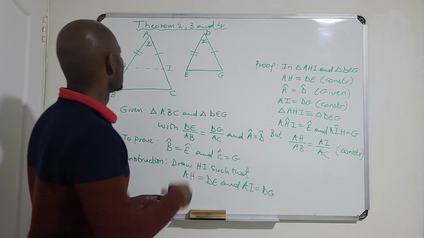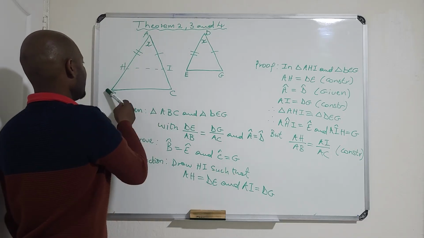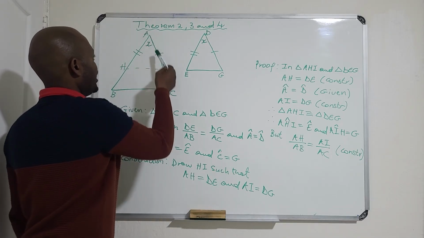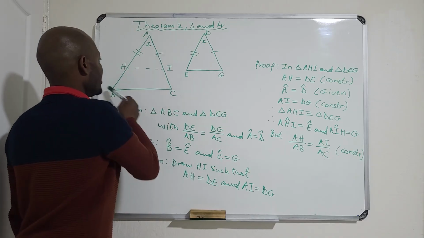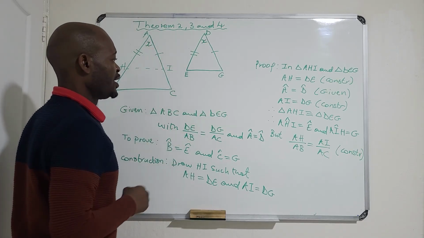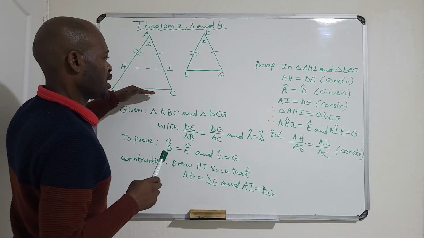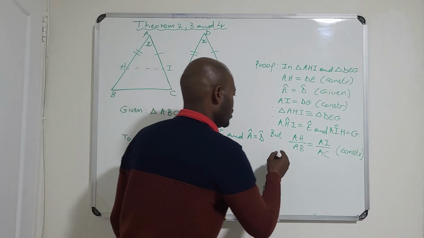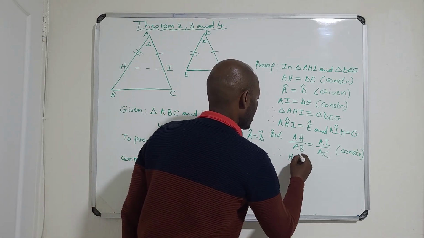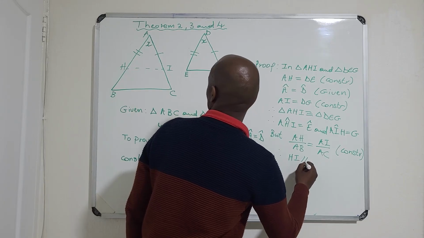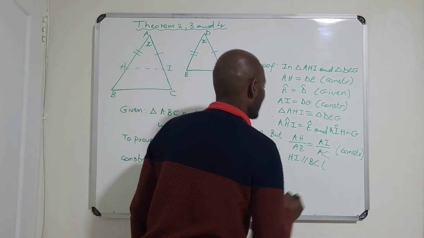Now, since AH over AB is equal to AI over AC in triangle ABC, then we know that this side is parallel to that side. Therefore, HI is parallel to BC. Why are they parallel?